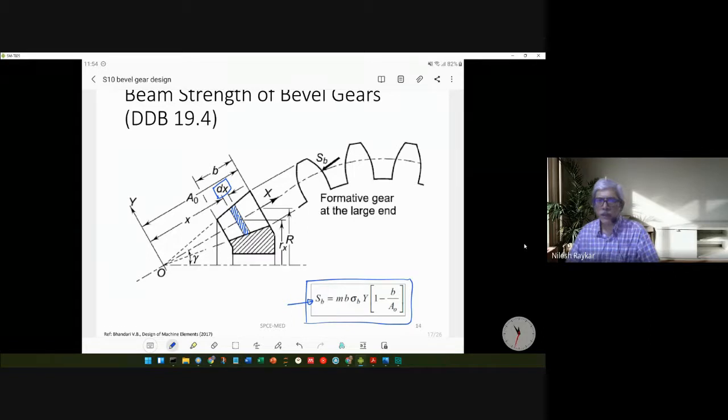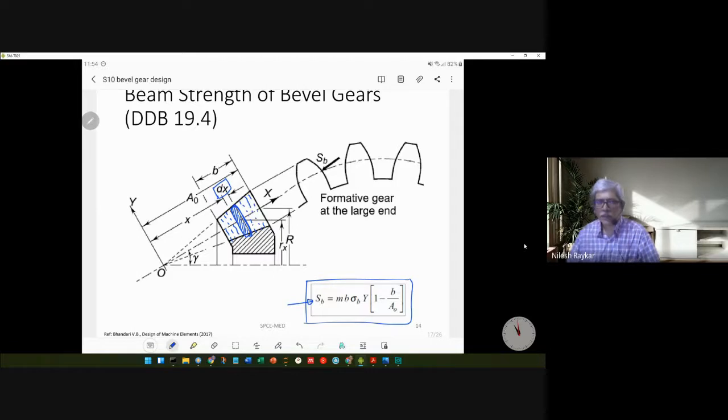So we can use the Lewis formula directly for this slice. So we know what is the maximum bending load, what is the maximum tangential force this particular slice can take. And then we will similarly calculate the tangential force carrying capacity of the individual slices.